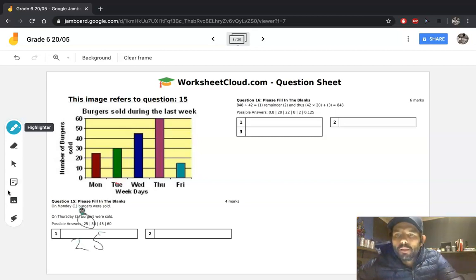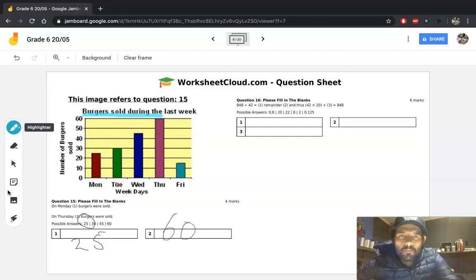And then the second part of the question says, on Thursday, how many burgers were sold? That's just a case of having a look at Thursday and going across to the y-axis and noticing that it's in line with 60, and that will give us an answer of 60 burgers sold on Thursday. Okay, quite a nice easy one to start with.